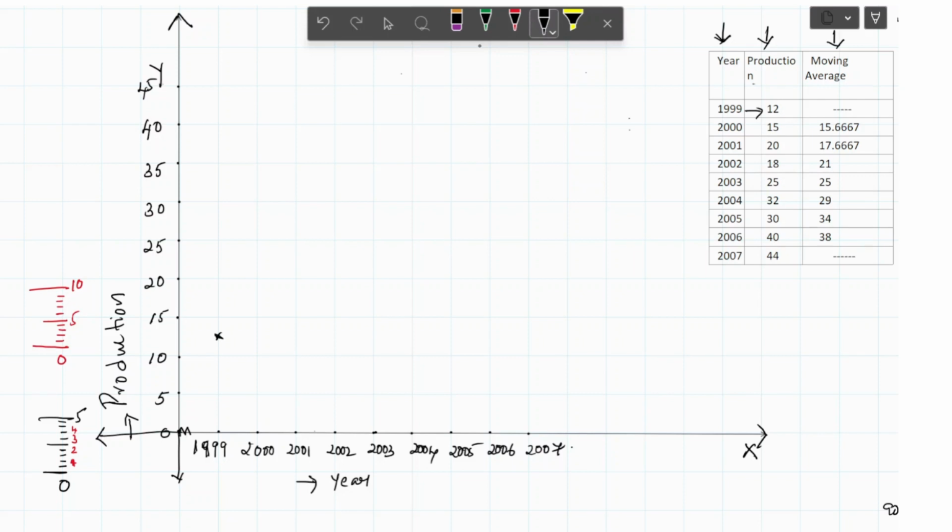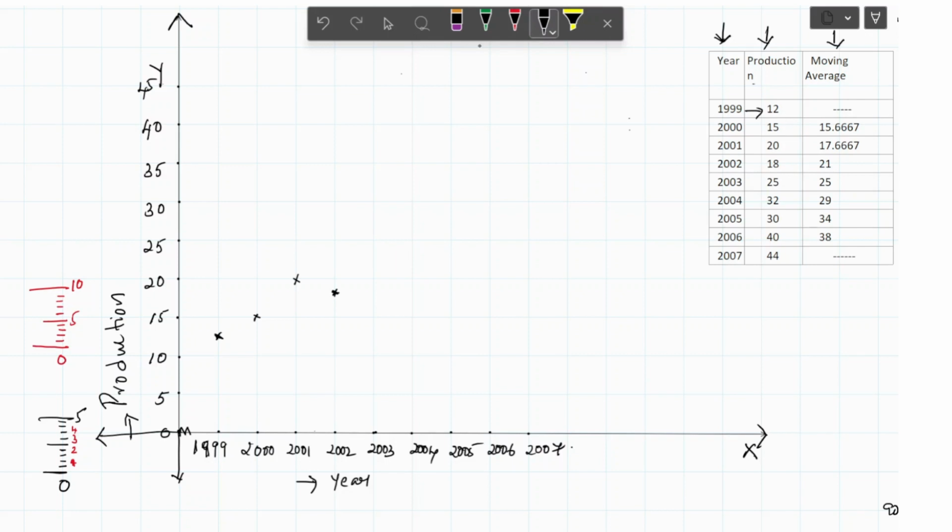Next 2000, it is 15. That is in this joint, 15. 2001, it is going to be 20. Okay. 2002, that is 18. That means here again it is coming down, because 18, 20, below 19, then it is 18. Okay. And next 2003, the value is going to be 25.